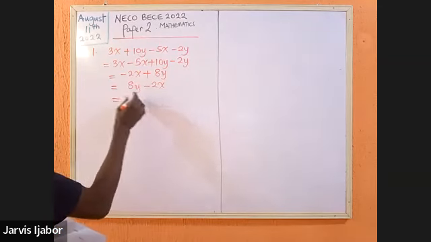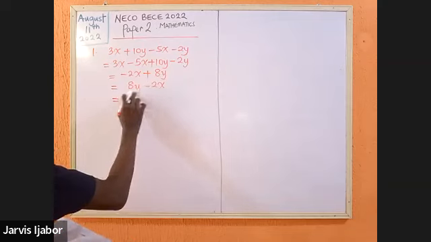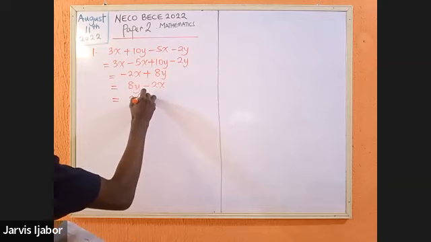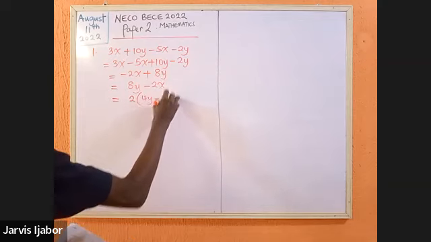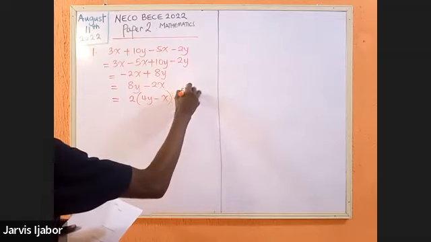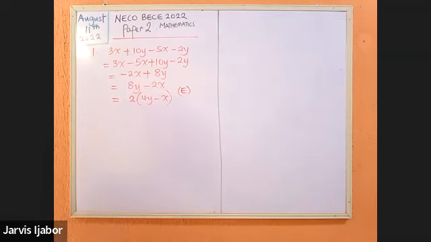So this will now be equal to, I can factor 2 out of this, and that will be 2 into 4y minus x. And that answer becomes E. So the answer to that question is E. That's for question number 1 of paper 2.